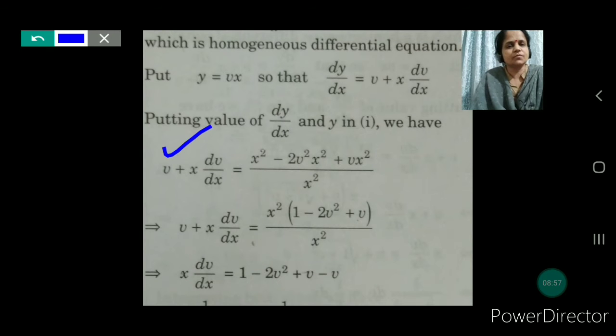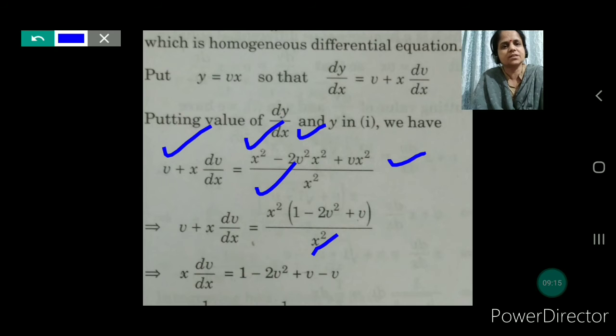So you will get v plus x dv by dx is equal to, here x square write as it is. In place of y you have to write vx, so it is minus 2v square x square plus vx square upon x square. Now student, x square take common. And here in the denominator it is x square, so x square will cancel.